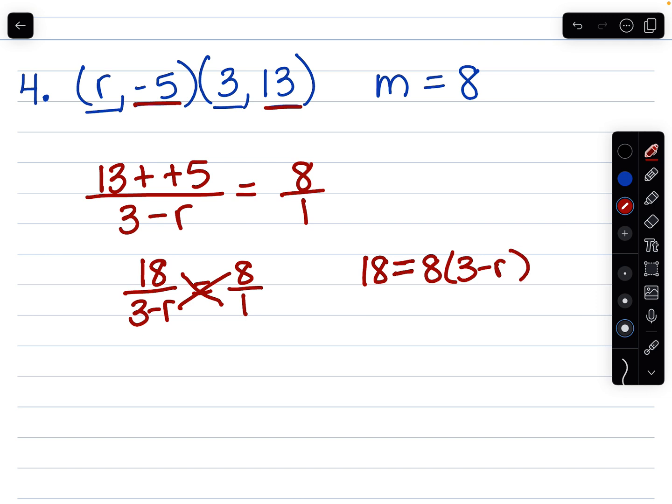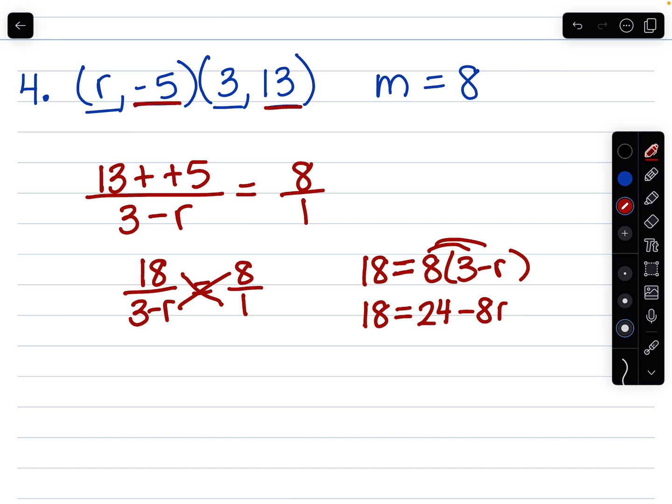Let's go. Okay? Now, Harper, what's my next step to solve? Would you do 8 times 3 and 8 times r? Good. So I get 18 is equal to 24 minus 8r. Okay.